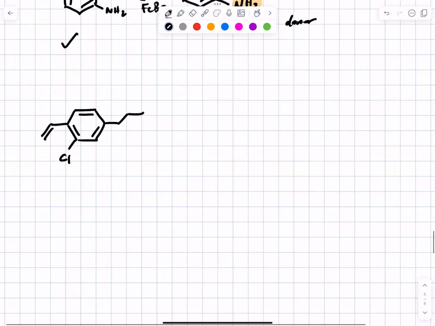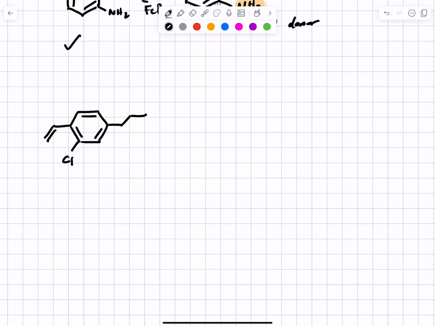Okay. So first, how do we make the new bonds? Chloro, that's just the chlorination reaction. We can do this one through a Friedel-Crafts approach, either alkylation directly, or we can do acylation followed by reduction.